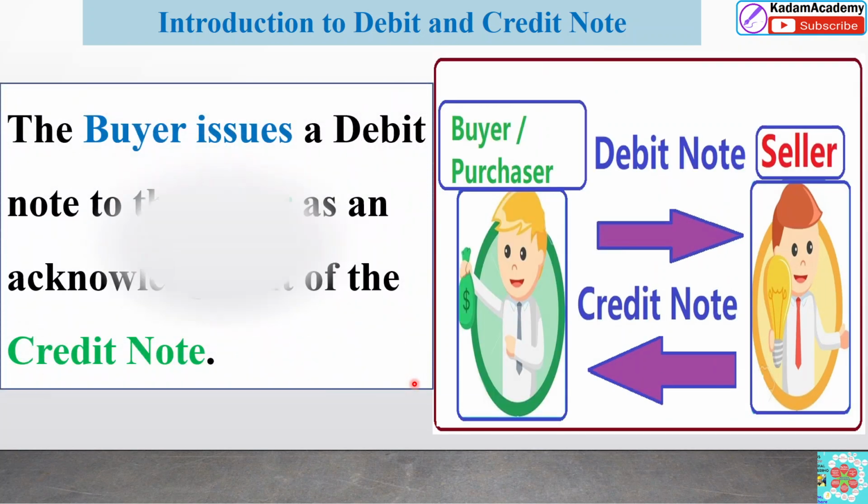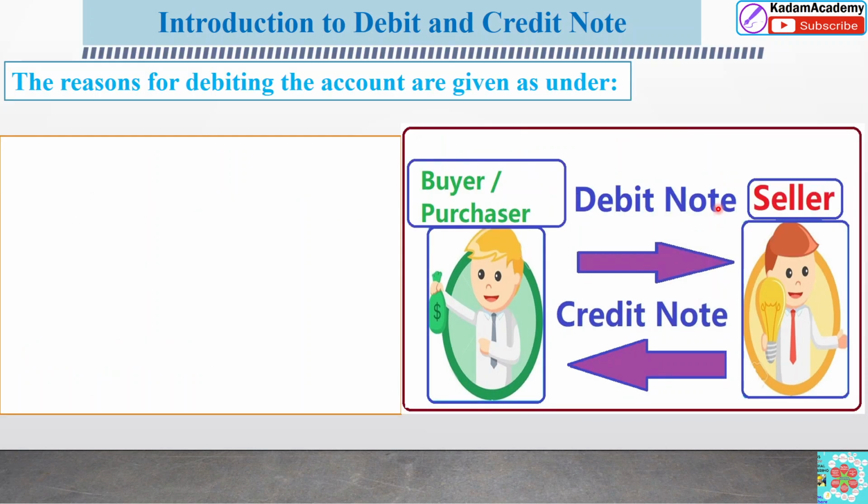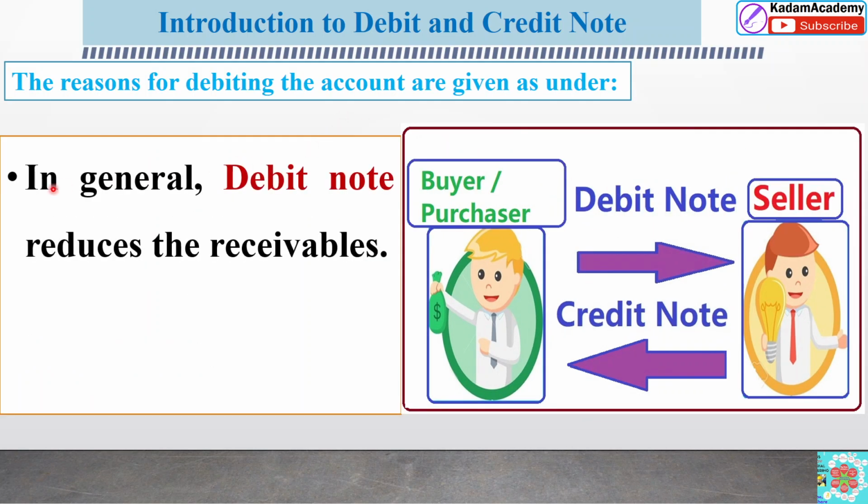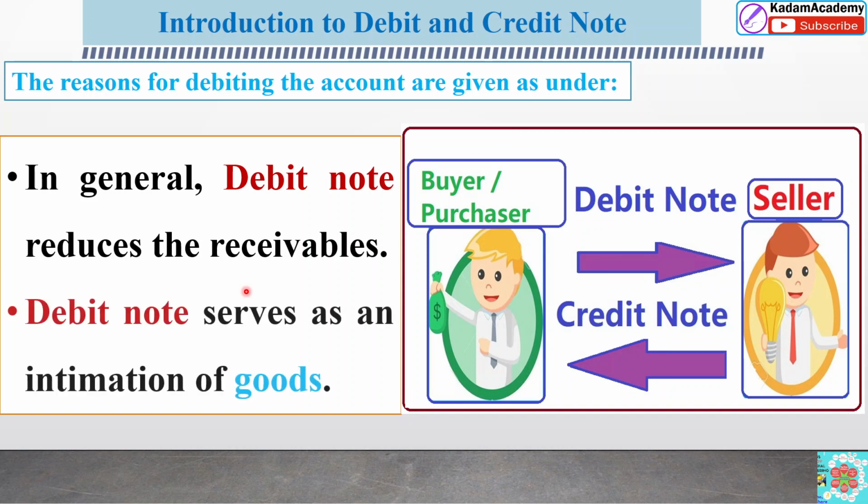On returning the goods, the buyer issues a debit note to the seller as an acknowledgement of the credit note. The seller gives the credit note and its acknowledgement is given by the debit note. Friends, these are the reasons. In general, a debit note reduces the receivables, and serves as an intimation of the goods returned.